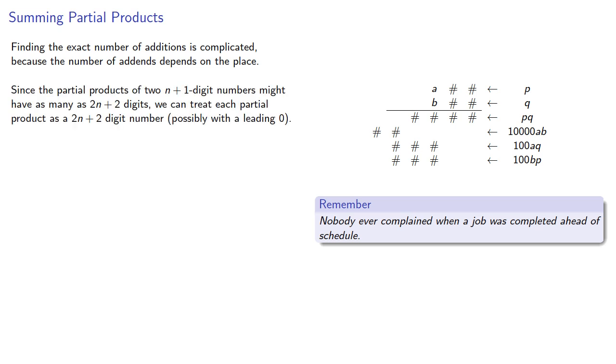Since the partial products of two n plus 1-digit numbers might have as many as 2n plus 2 digits, we can treat each partial product as a 2n plus 2-digit number, possibly with a leading 0. So how many steps will it take to add 4 2n plus 2-digit numbers?